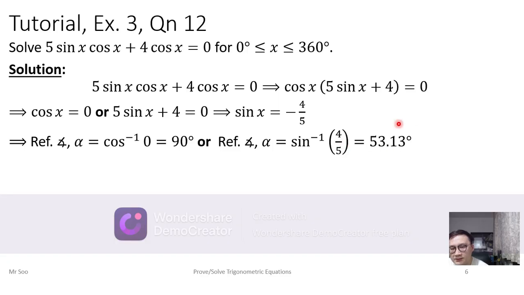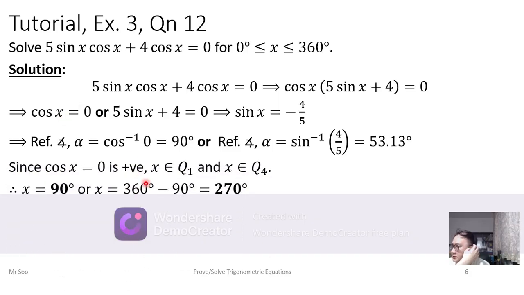Then you press the calculator and you get 53.13 degree. So these are your reference angles. Think of the reference angle like a fixed point for you to find the actual angle in the underlying quadrant. For cosine x equals 0, note that cosine x is positive, so x lies in Q1 and Q4 based on your ASTC rule.